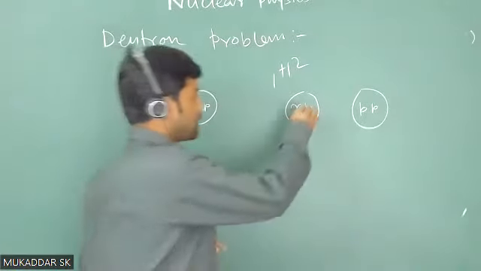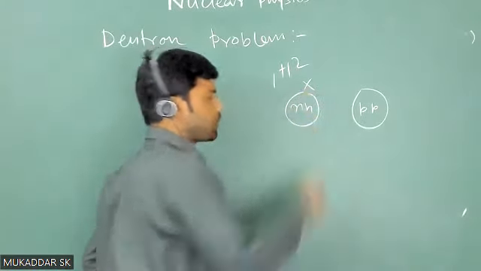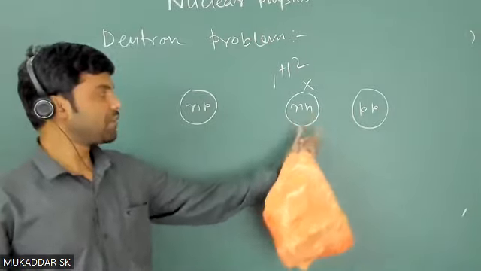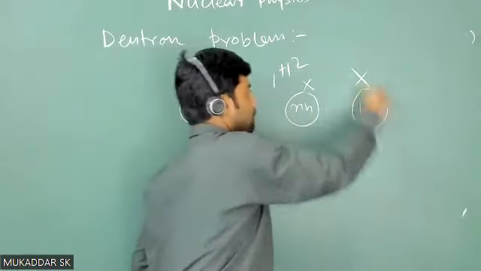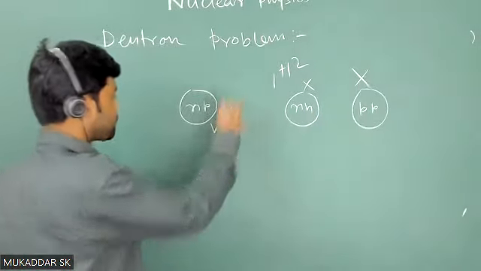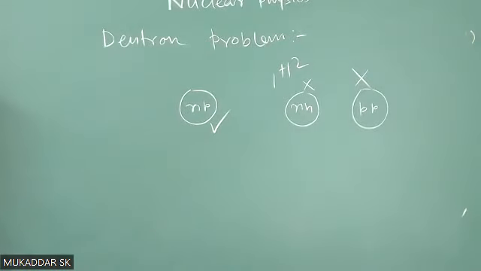NN and PP are not stable, but NP is stable. So I can say deuteron is a 2 nucleon stable nucleus.